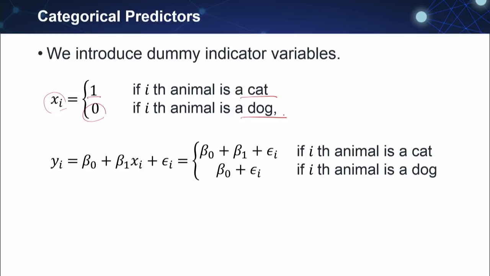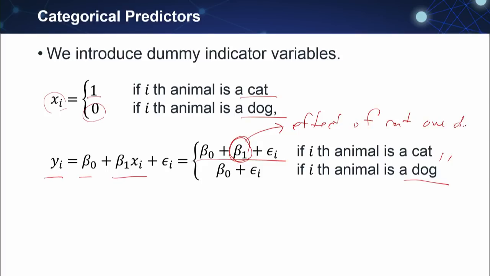If we model yi equal to beta 0 plus beta 1 xi plus so on, then if it's a cat, because xi is 1, it is modeled by beta 0 plus beta 1 and epsilon. But if it's a dog, it is just beta 0. So here this beta 1 is the effect of cat over dog.